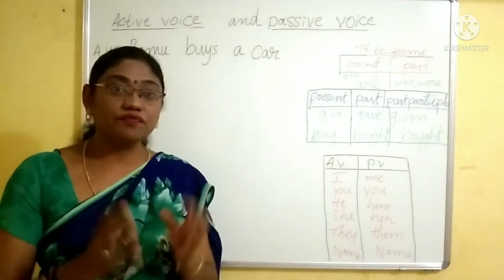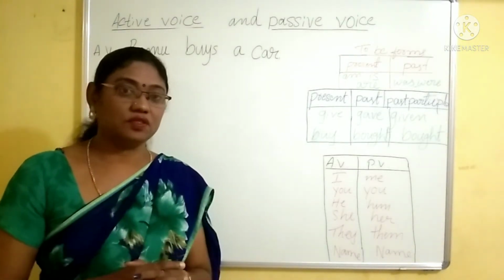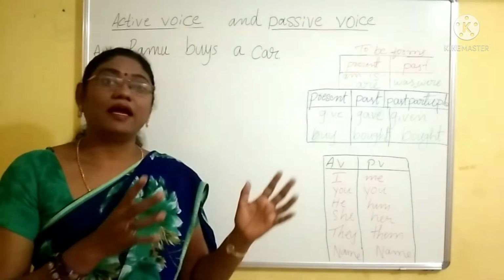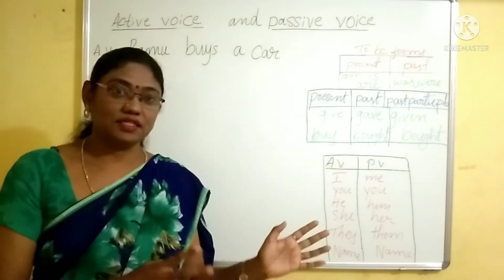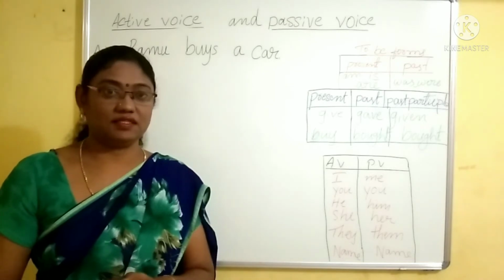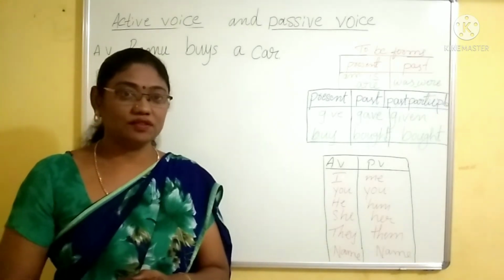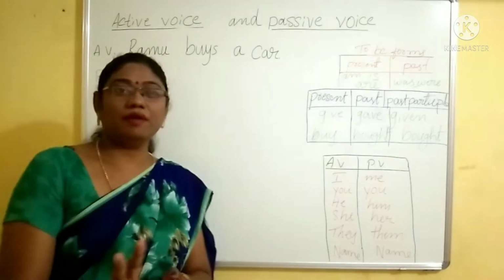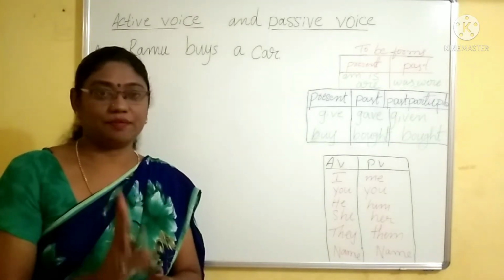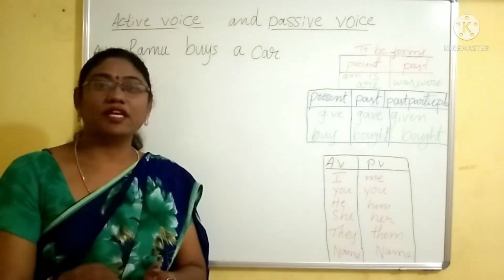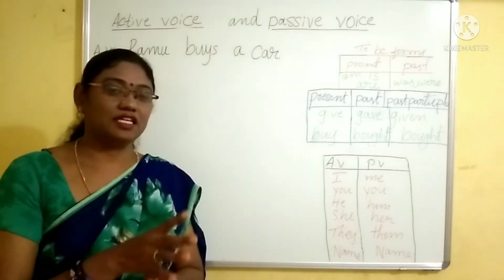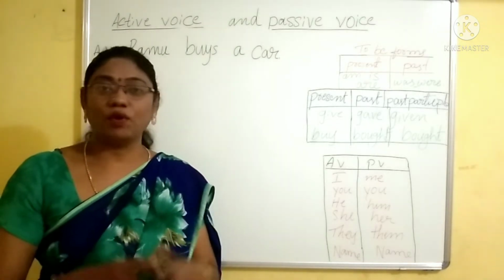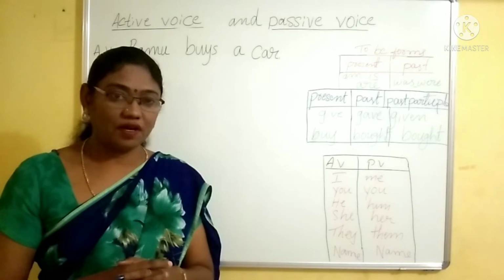Now let's follow some steps to change active voice sentences into passive sentences. Let's follow the rules. You have to remember mainly 3 steps when we change active into passive voice. What are the main 3 steps to be followed?